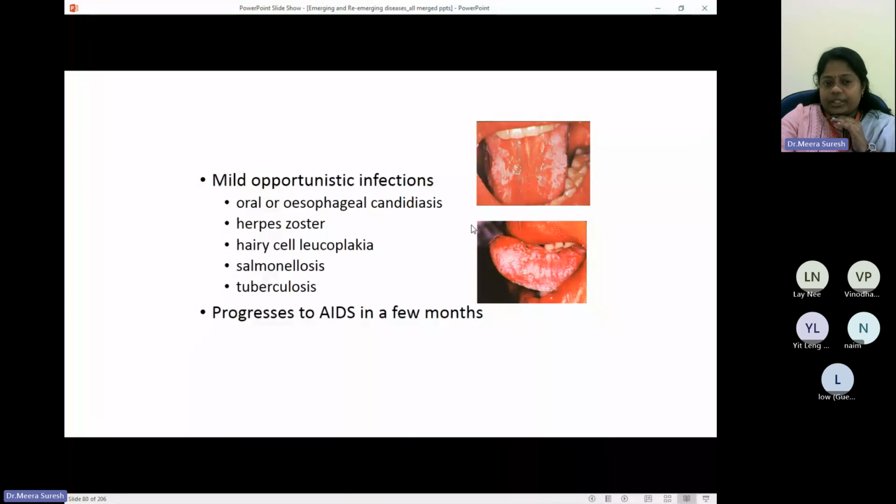The opportunistic infection can be oral or esophageal candidiasis, which is the fungal infection most commonly seen. It can be herpes zoster, hairy cell leukoplakia, salmonellosis, and tuberculosis. And you should by now know that AIDS and tuberculosis almost go together.